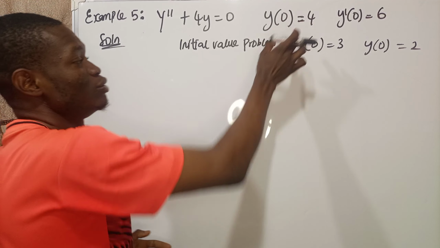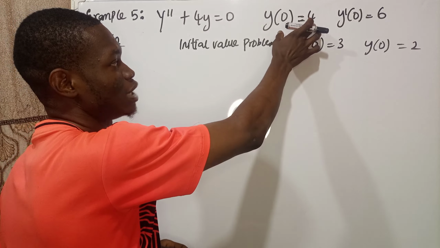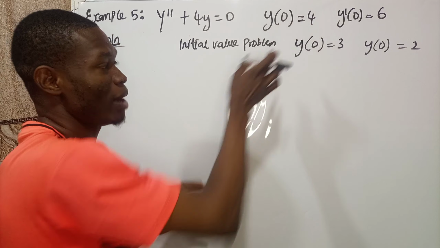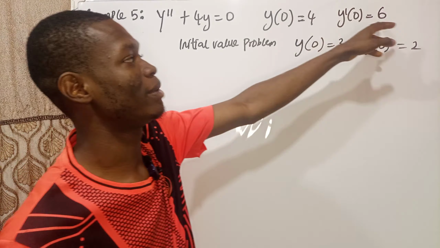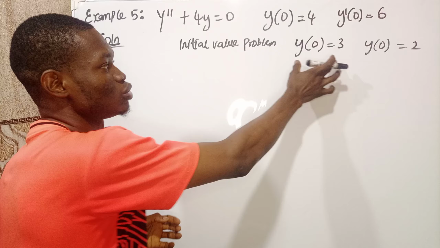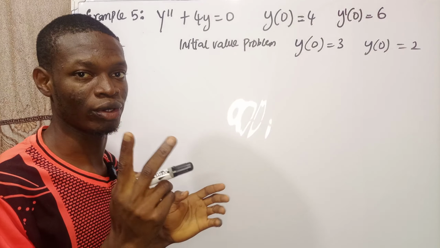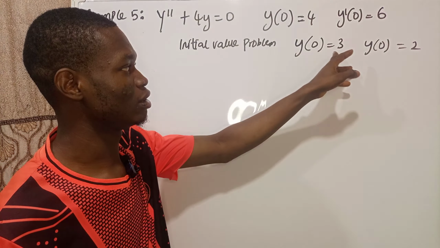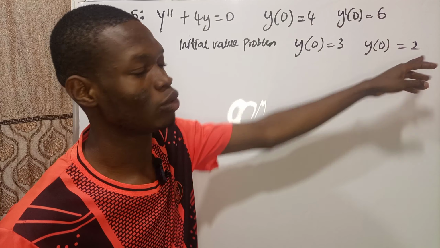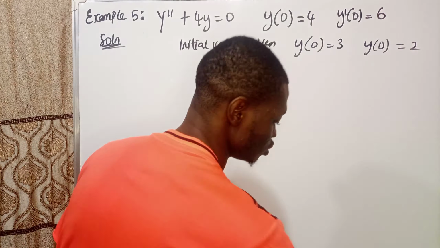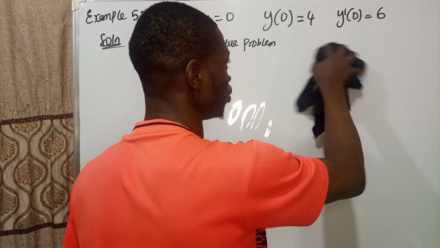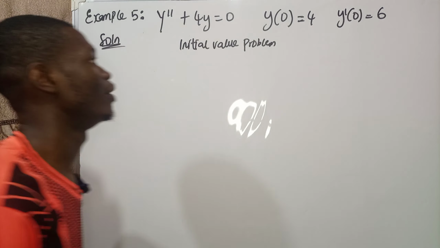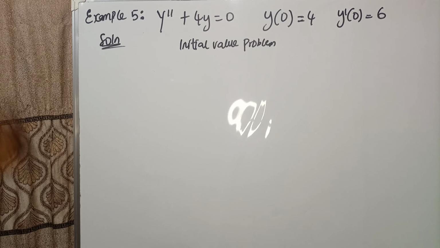But under initial value problem we have y at a point 4 and y prime at a point 6. But this one y is at 2 points, 3 and 2. So that is how to distinguish whether it is an initial or boundary value problem.